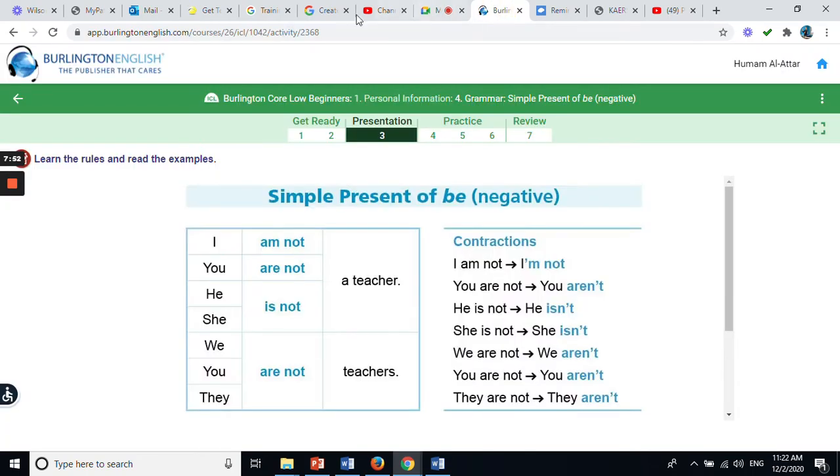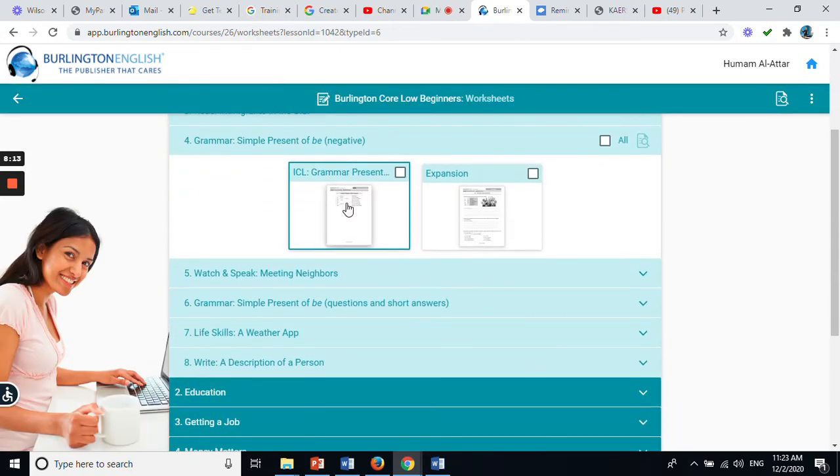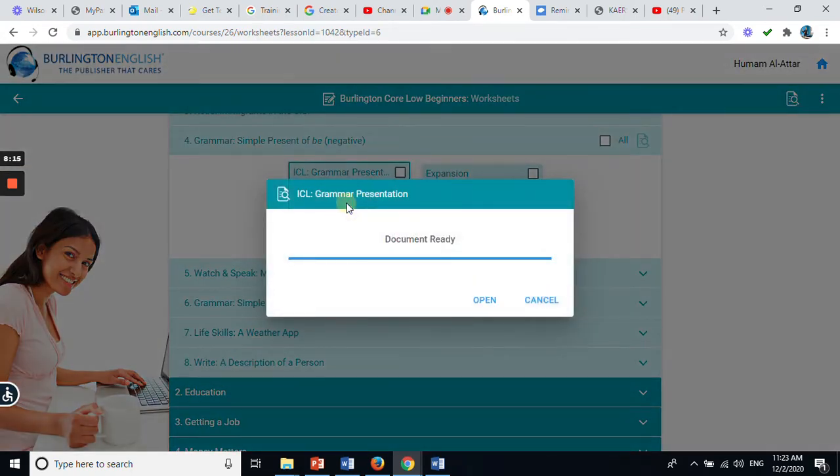So these are the rules of simple present of be. You have these rules in your packets, in the packets I gave you, if you can see them or if you have them handy.